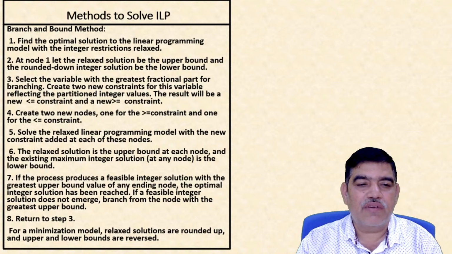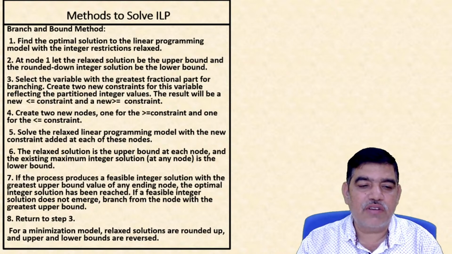Then in step 5, solve the relaxed linear programming model with the new constraint added at each of these nodes. Then in step 6, the relaxed solution is the upper bound at each node and the existing maximum integer solution is the lower bound. In step 7, if the process produces a feasible integer solution with the greatest upper bound value at any ending node, the optimal integer solution has been reached.